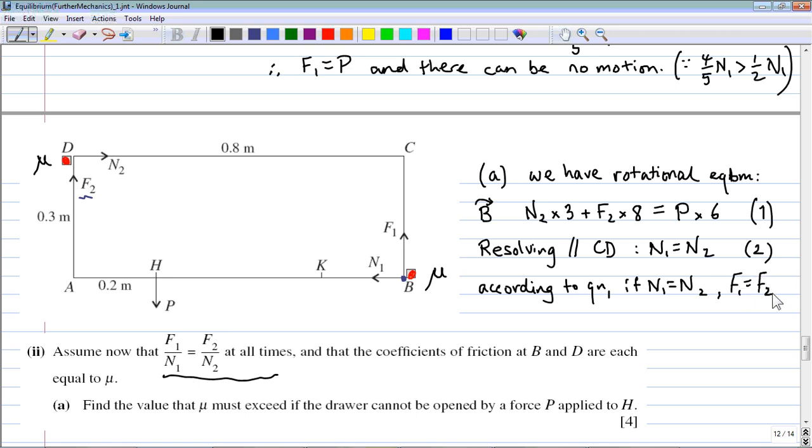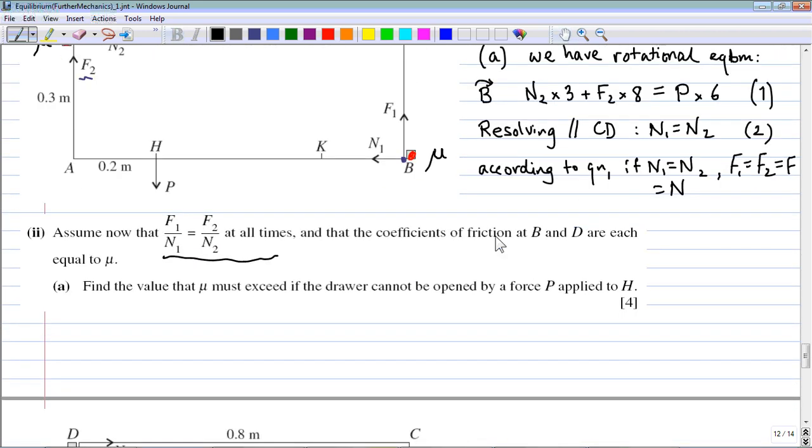So let's say f1 equals f2 equals f, and n1 equals n2 equals n to keep the equations a bit simpler. Equation 1 becomes 3n plus 8f equals 6P. Alright.